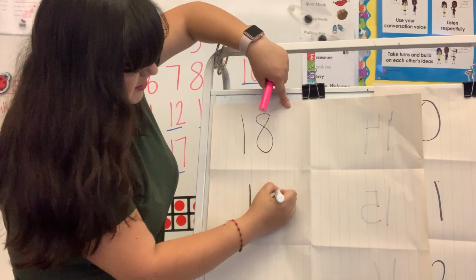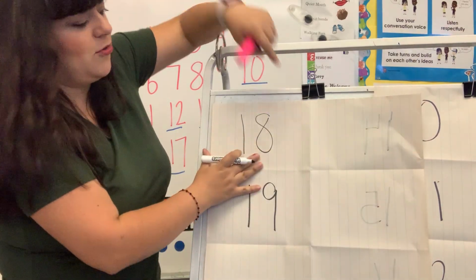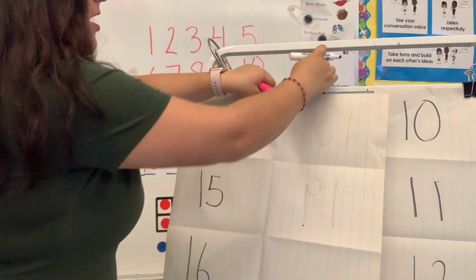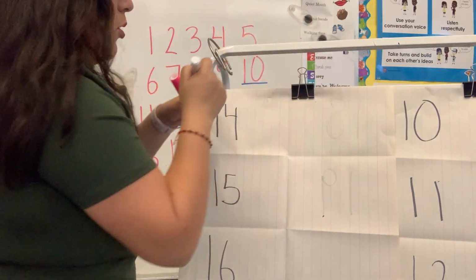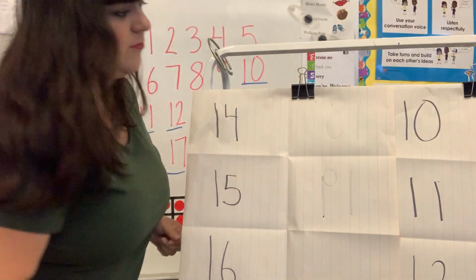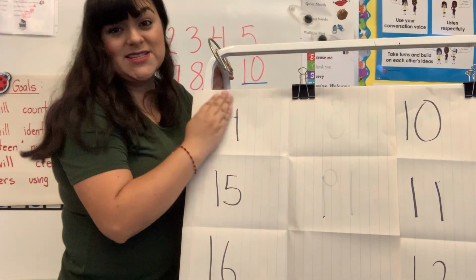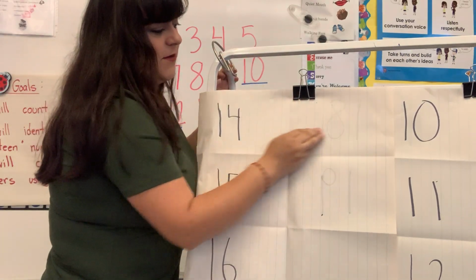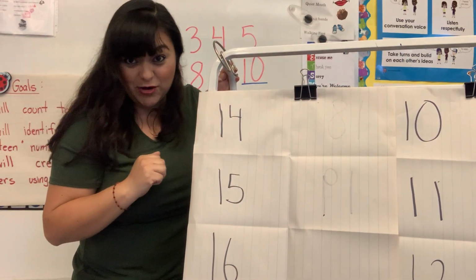And 19, you draw it and stop. Okay, so that is our math lesson for today. Remember, I want to see the numeral of the teen number and the visual using a 10 frame.